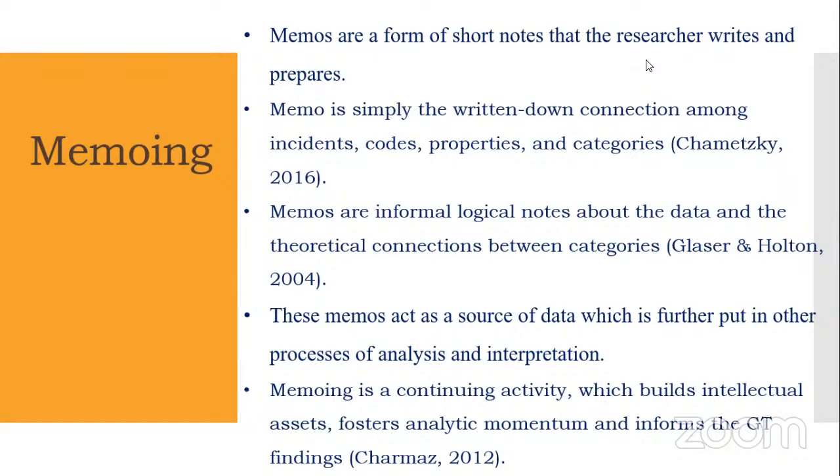These are not like the notes that we take in the class, but these are connections between the incidents, codes, properties, and categories that we are looking into. Memos can take any form. They are informal logical notes about the data and the theoretical connections between categories.